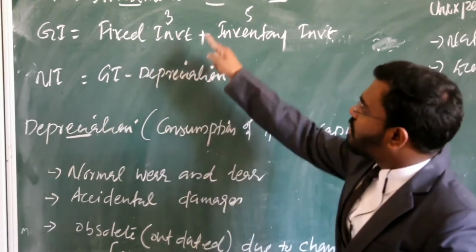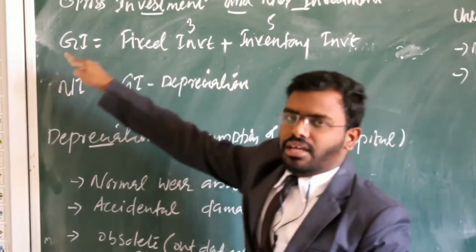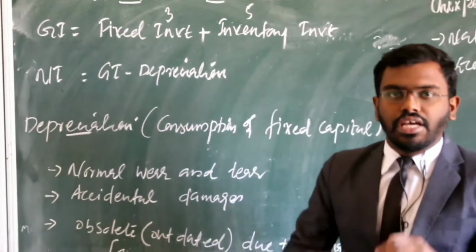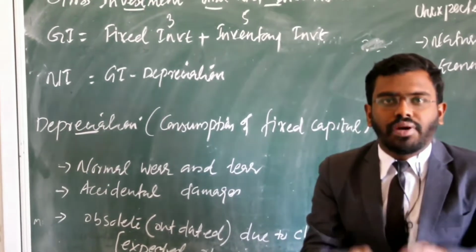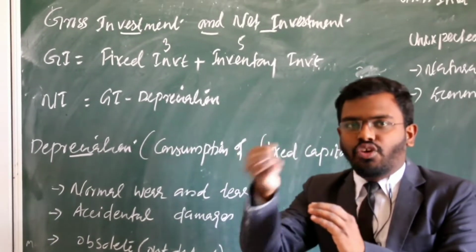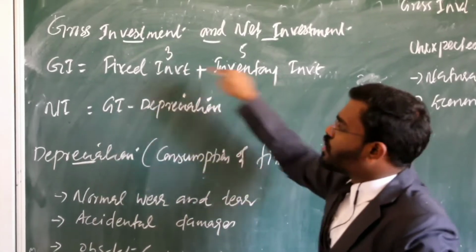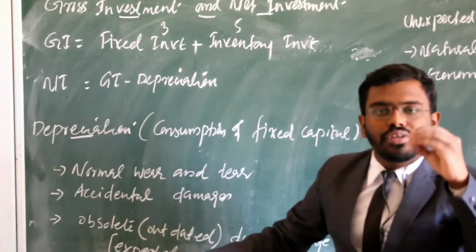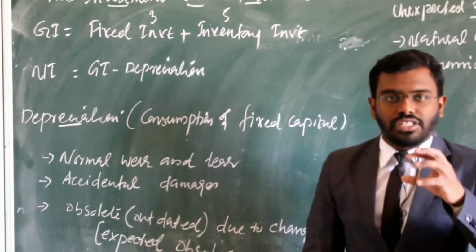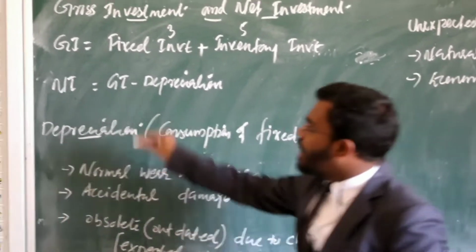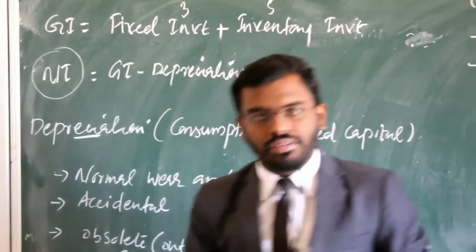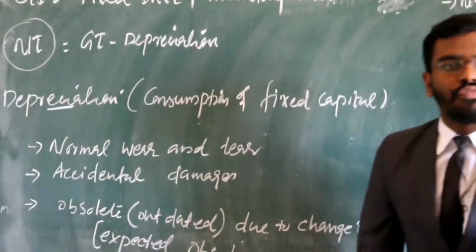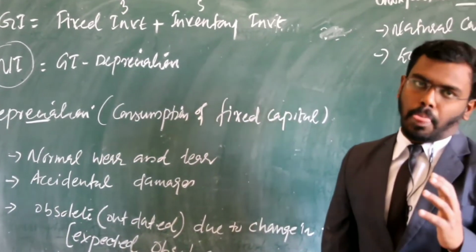Is it not? That is not considered in the calculation of gross investment. In the case of net investment, we will subtract the value of depreciation from this total investment. So net investment is equal to gross investment minus depreciation. Simply, net investment will give the actual figure of investment of a firm.